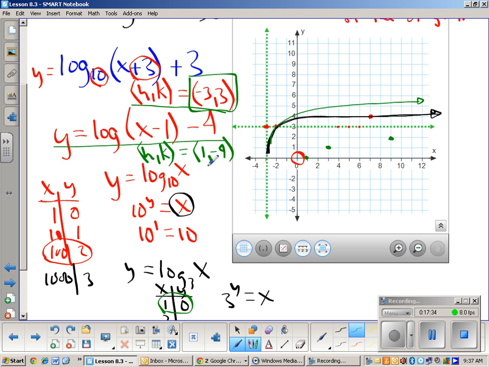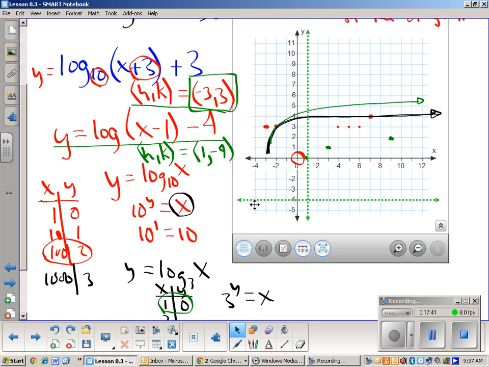And so that would mean I move this axis over to 1, and I move this axis down to negative 4. And so right here would be my new vertex. I'm sorry, my new origin. And I would treat it the same way as I did this one. And so that black graph would just move down to here.